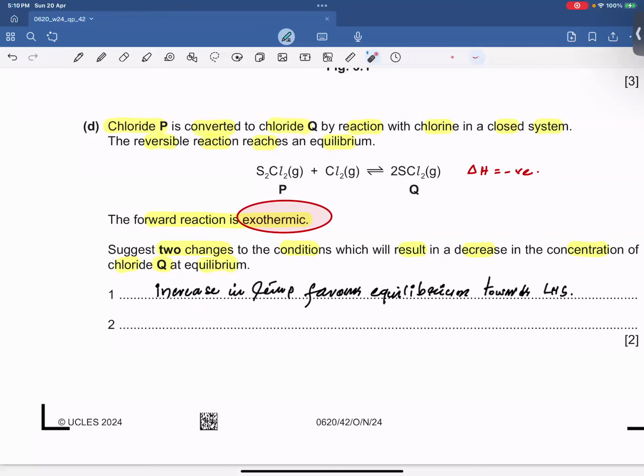Second thing, concentration. So decrease the concentration of chlorine and S2Cl2, either one of the two.